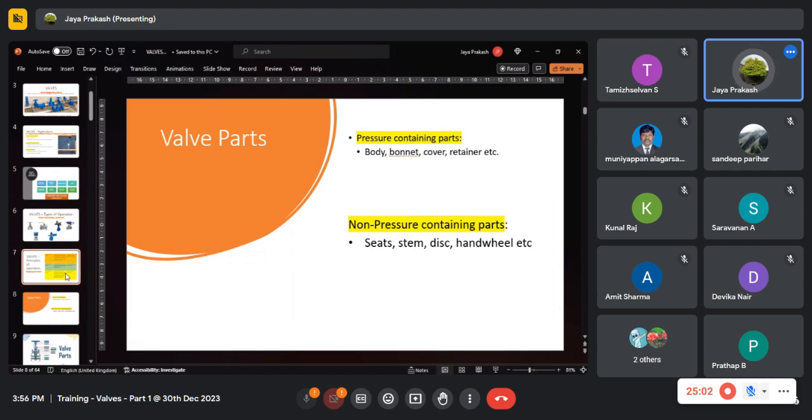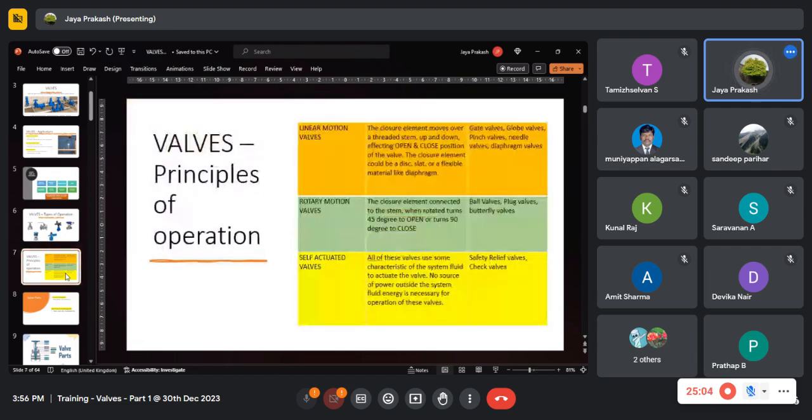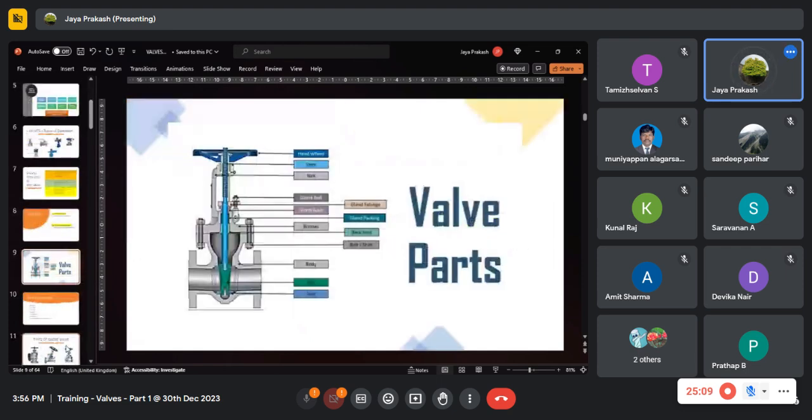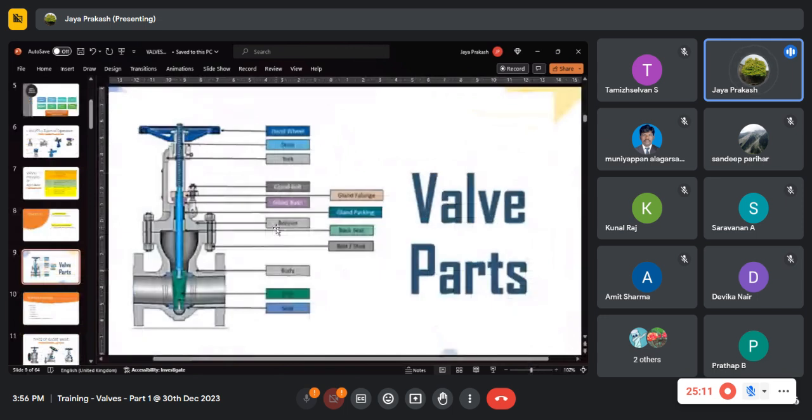These are all valve parts. Basically, a valve consists of a body. On the top side of the body is a bonnet, and the stem goes through this bonnet and enters the body.